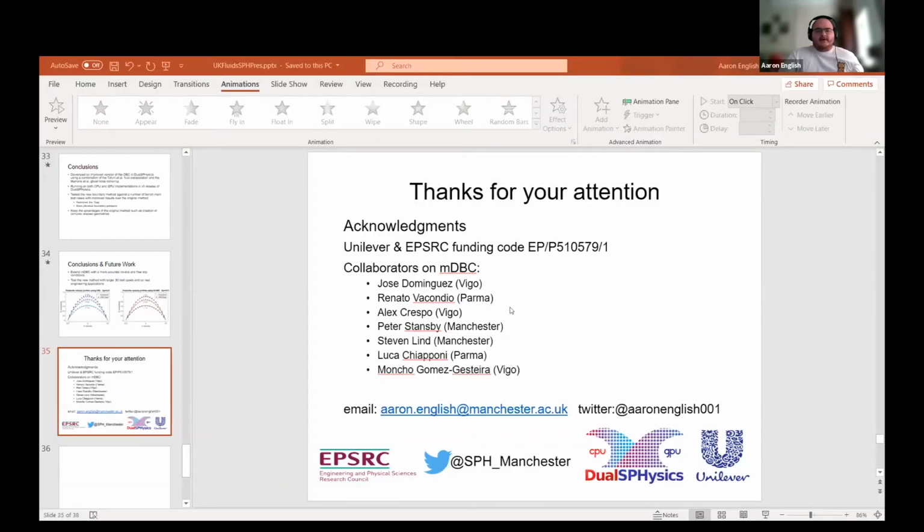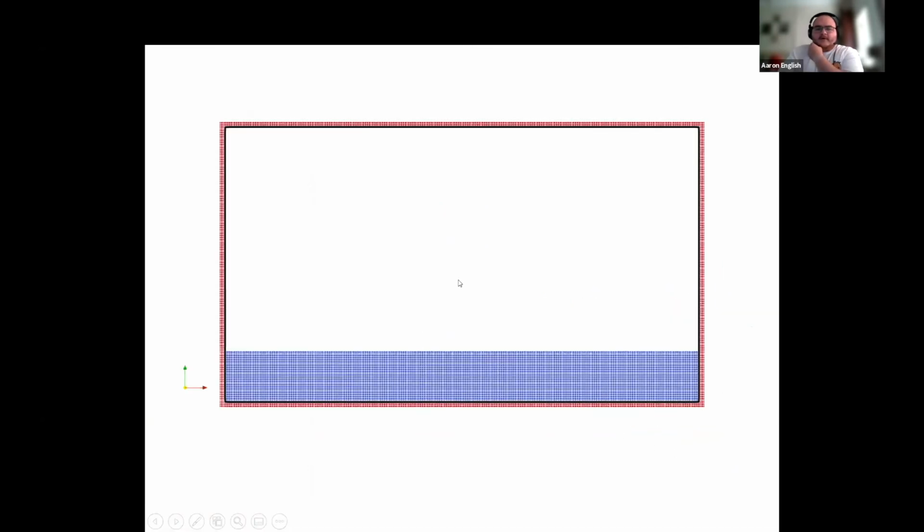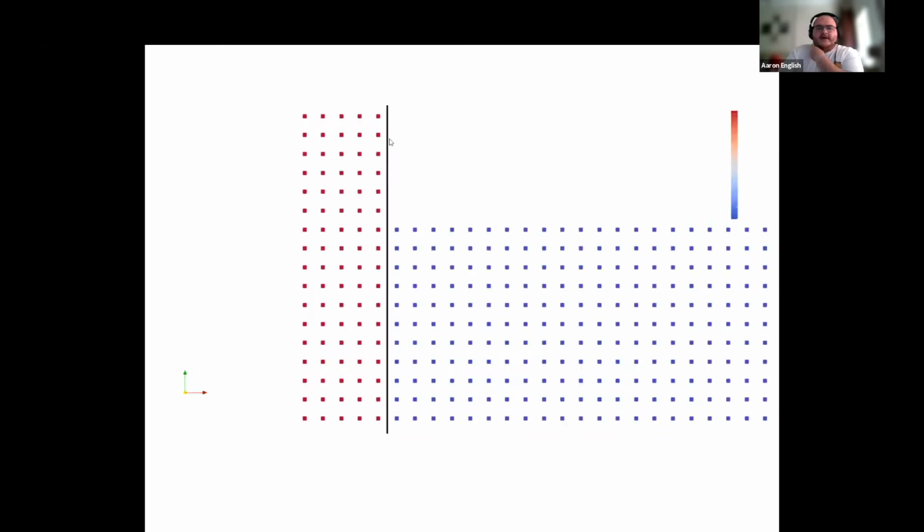Is it shared? Yep. So for the sloshing tank, if that's all right, the physical boundary is this black line, or the interface between the two. Here the red particles are your boundary particles and the blue are your fluid.